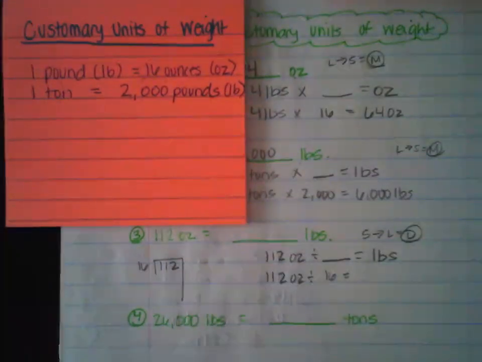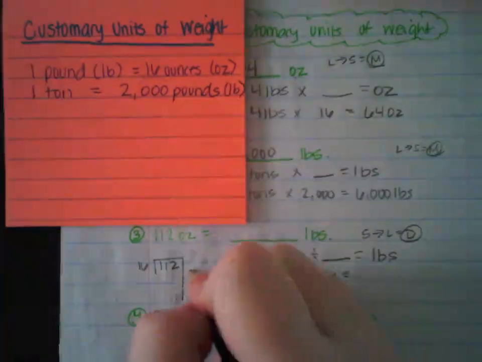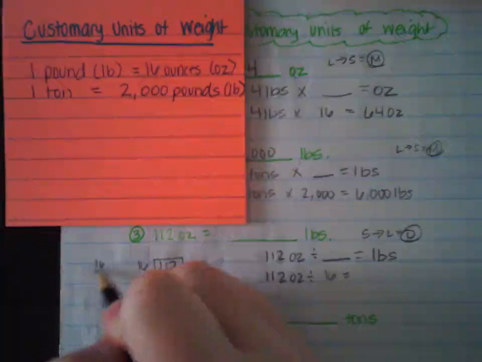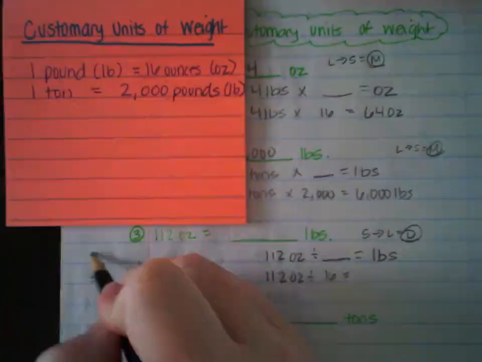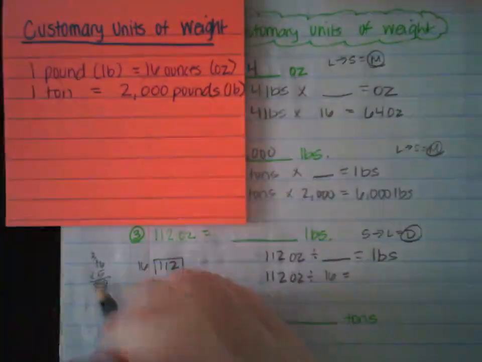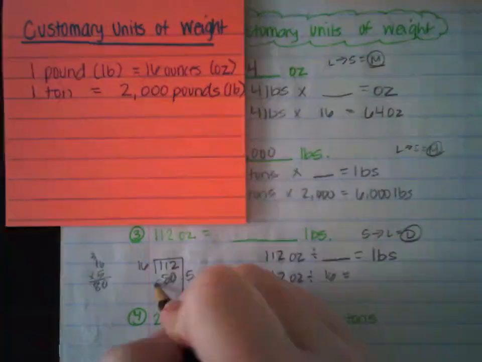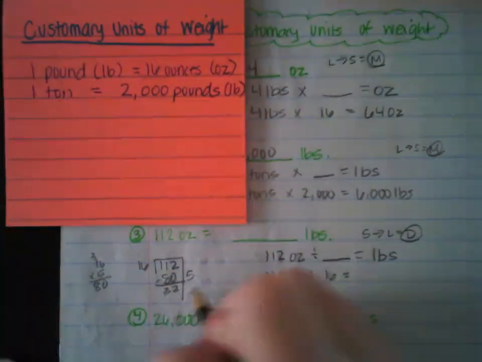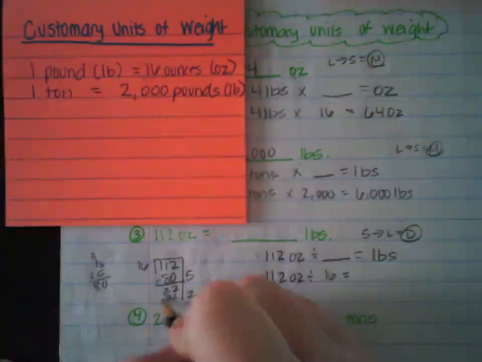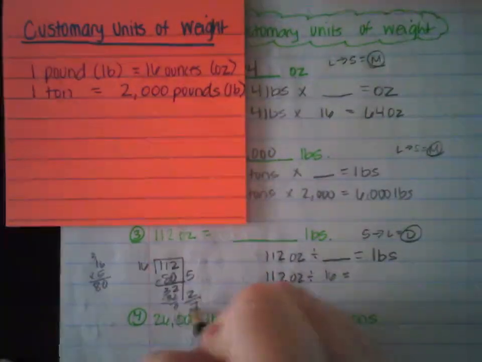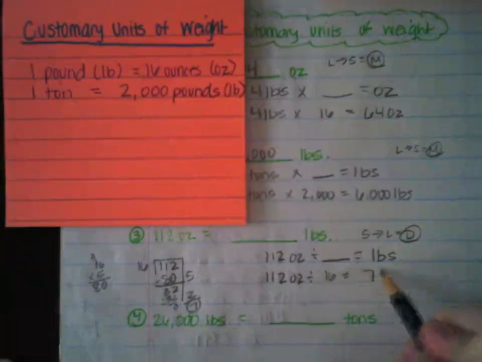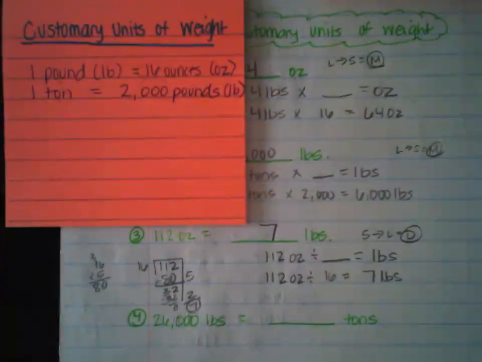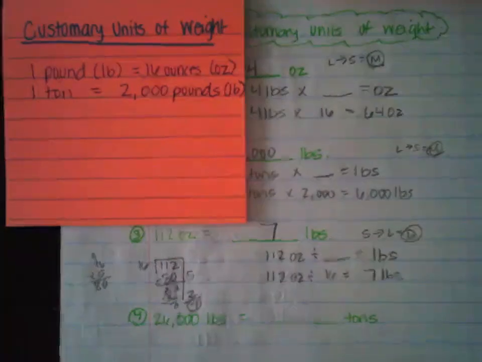Well, if I do 10, that's 160. That's way too much. Let me try 5. 16 times 5 is 80. Then I have 32. So it's 7 pounds. Okay, that should be your answer.